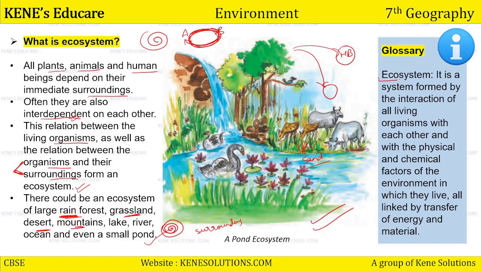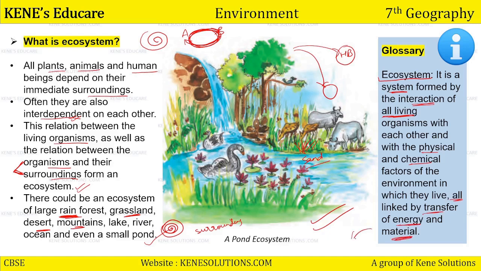We will read ecosystem in some other words also. Ecosystem is a system formed by the interaction of living beings, all the living organisms, with each other, and with the physical and chemical factors of the environment in which they live, all linked by transfer of energy and material.